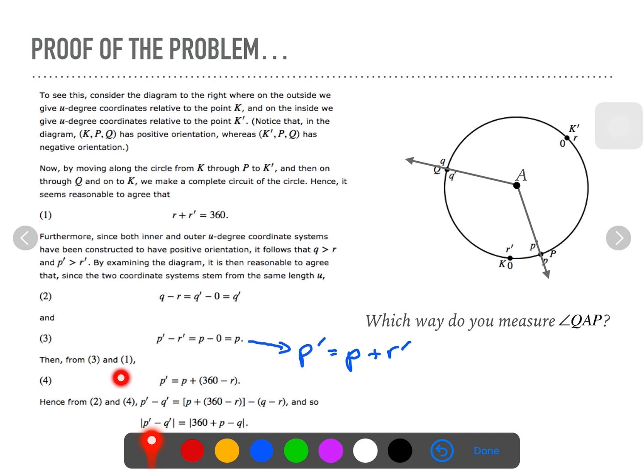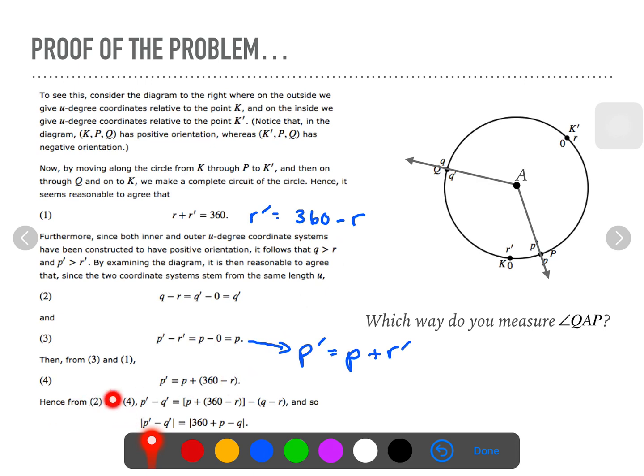Now I'm going to look back up at 1 here, and I can solve this for r prime. R prime has to equal 360 minus r. Therefore, I can now make a substitution. P prime must be P plus 360 minus r, and that takes us to statement 4.